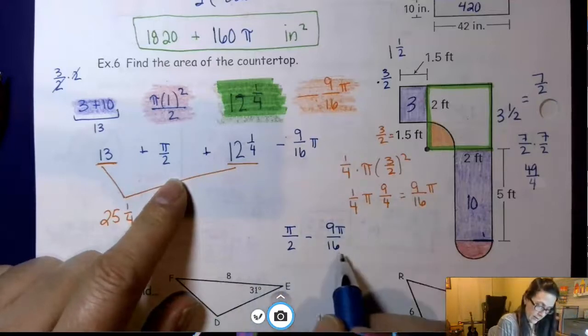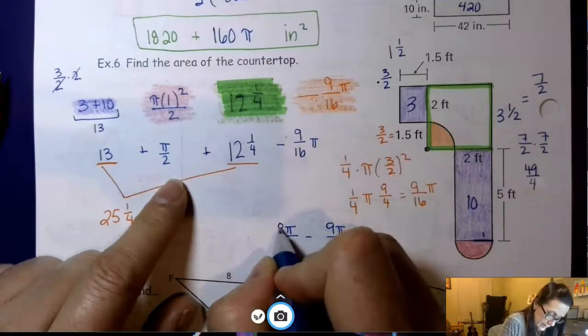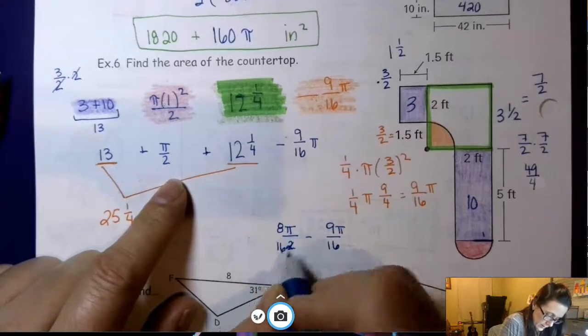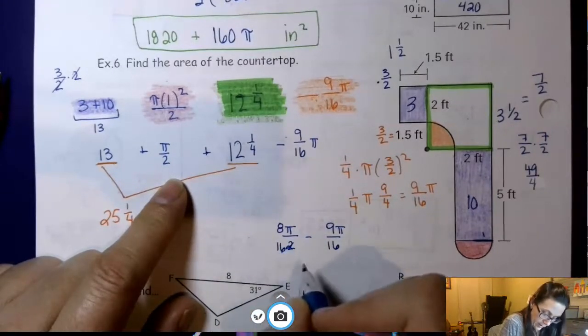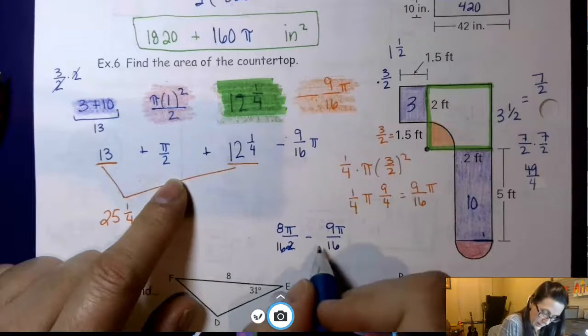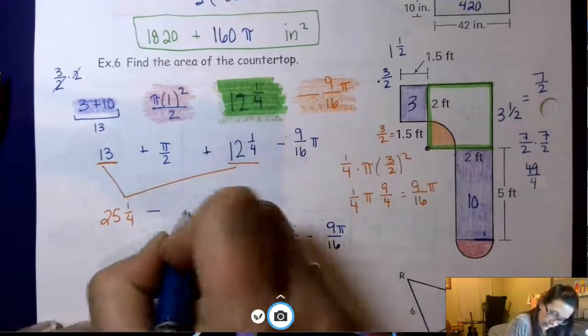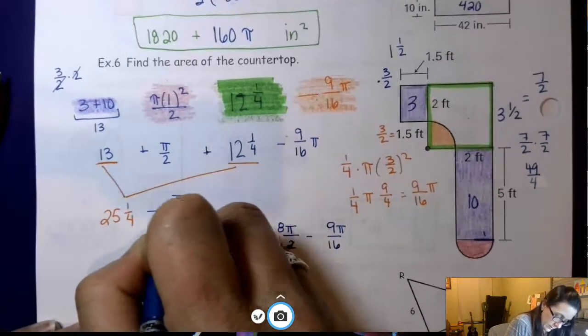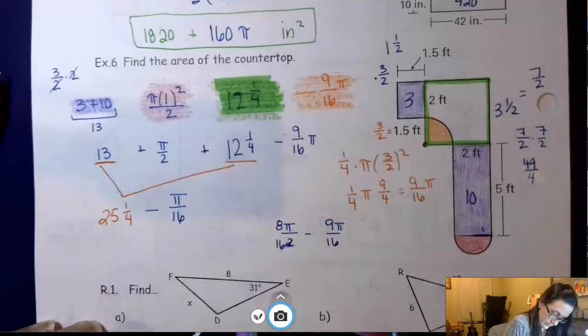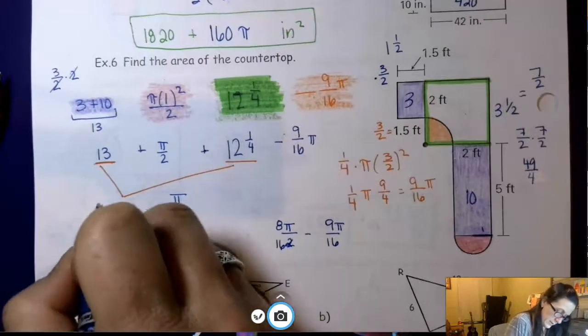I need a common denominator of 16, I'm going to have to multiply by 8. 8 pi minus 9 pi over 16, I'm going to end up with a negative pi over 16.